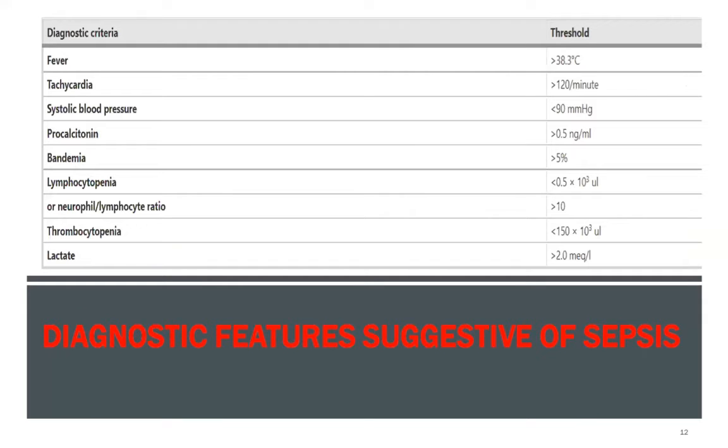Before proceeding to the details of the parameters for diagnosis of sepsis, let us have a quick view of the diagnostic criteria suggestive of sepsis. One is fever, wherein the fever threshold is more than 38.3.